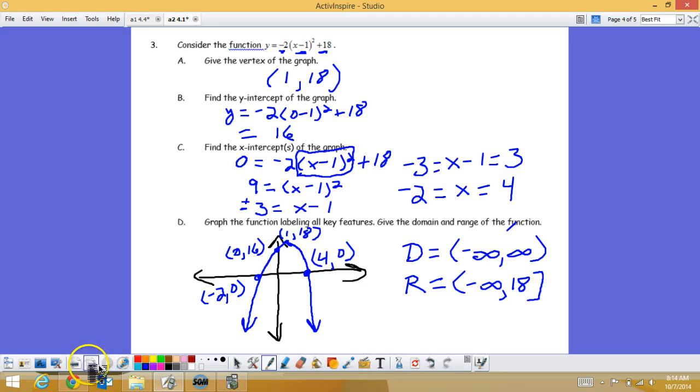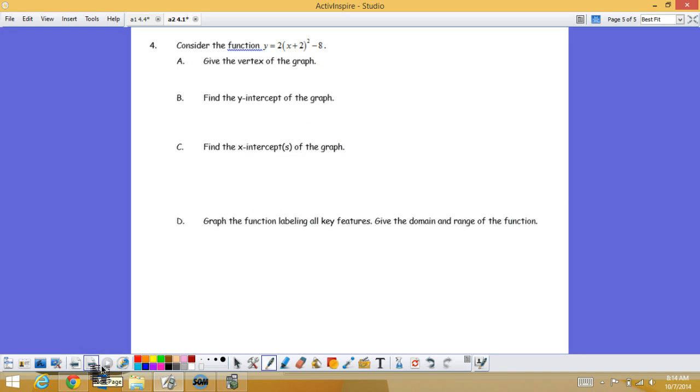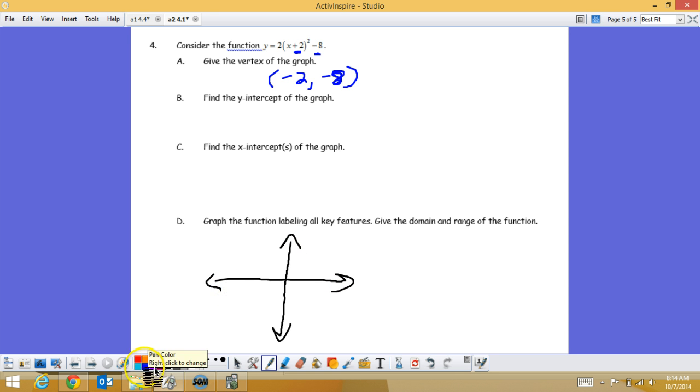And finally, the last example, the vertex of this graph, we're taking the vertex, moving it 2 to the left and 8 down, so the vertex is the point -2, -8. Which puts us about down in this area. -2, -8.